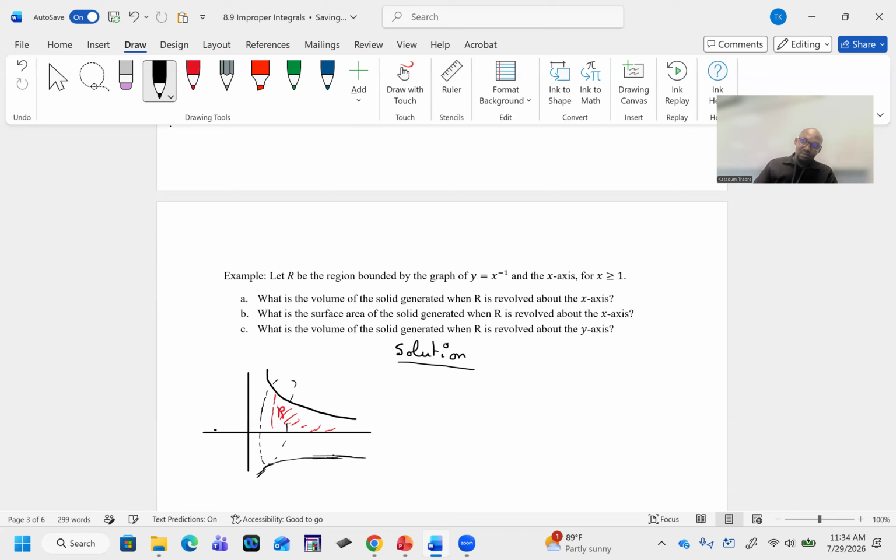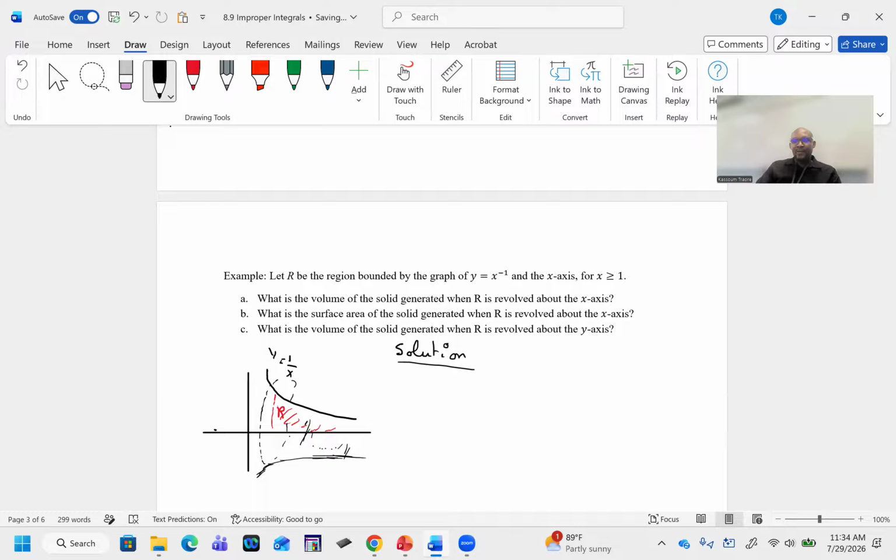Don't mind my graph. That's kind of the graph, because this is y equals 1 divided by x. This will become the volume that we are looking for.